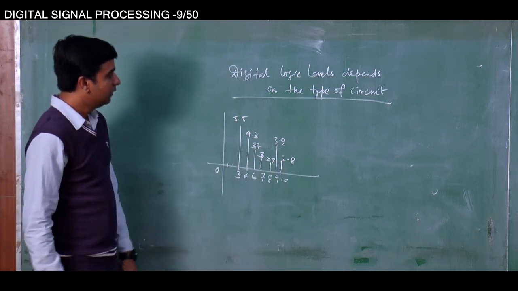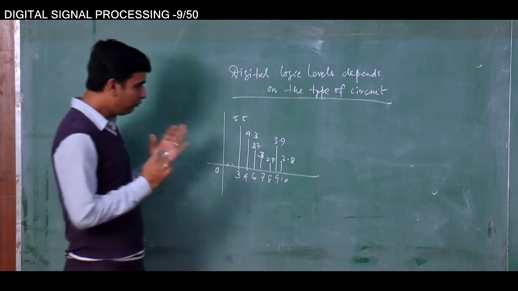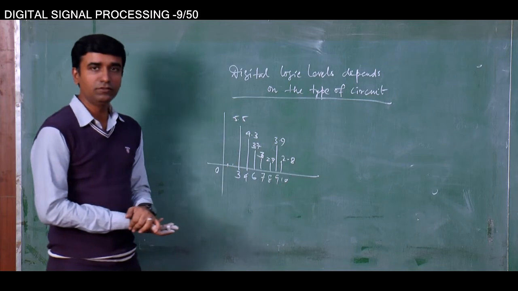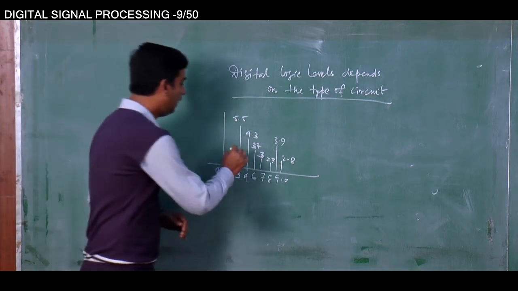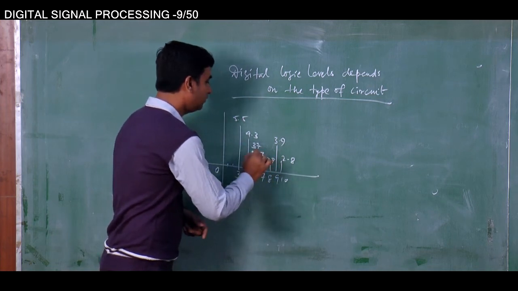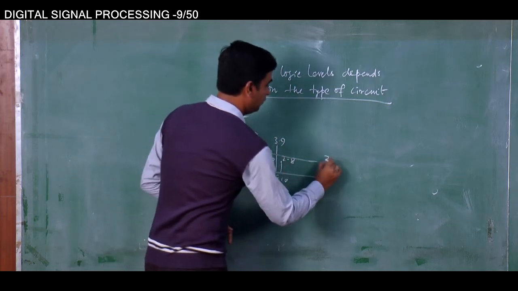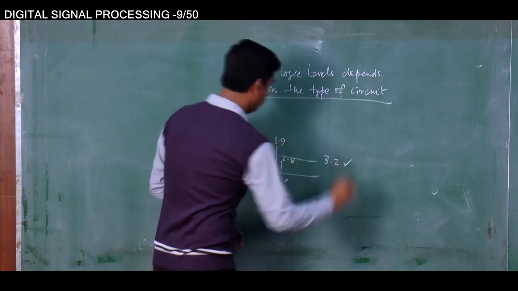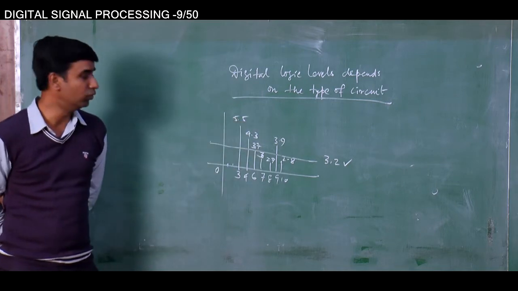So, this particular type of signal, if we want to make it binary, first of all what we have to do? Already I have told you that we have to put a threshold level. Now, let us take that the threshold level is at 3.2 volts, somewhere just above 3.2 volts.